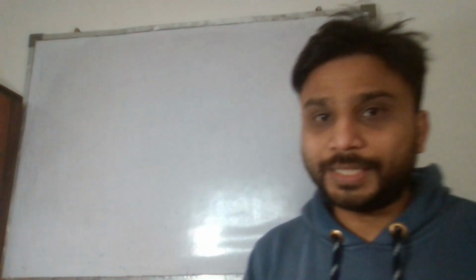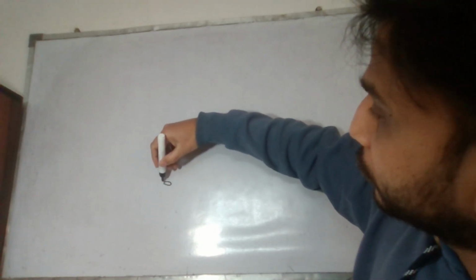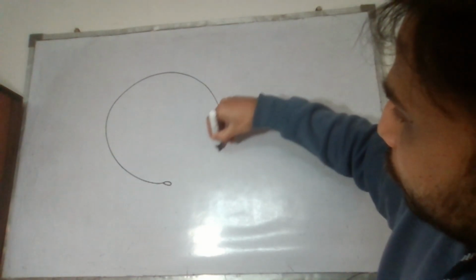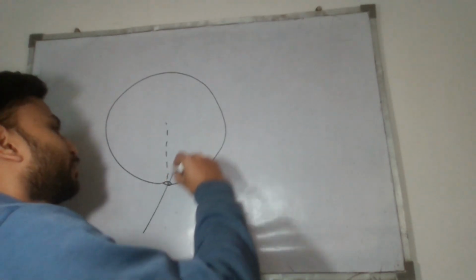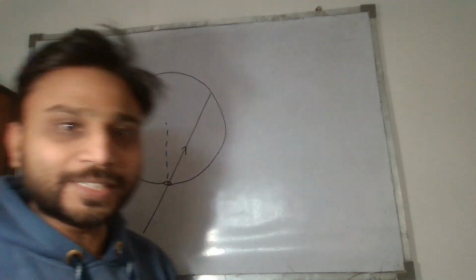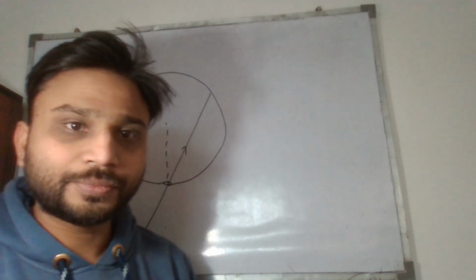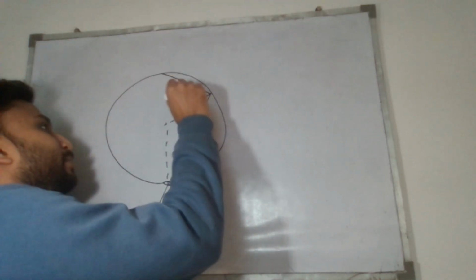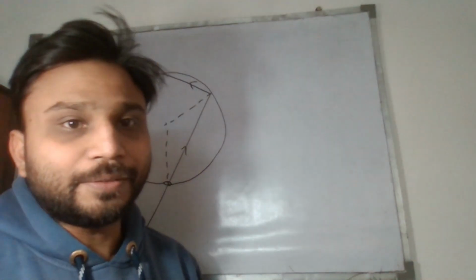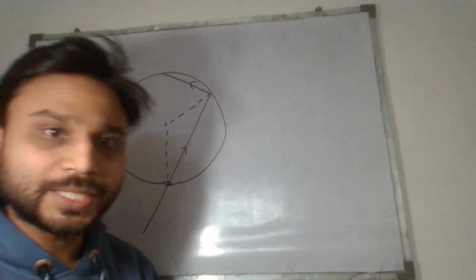The law of reflection says that if we have a sphere like this, if a light enters like this, it will get reflected at the same angle as it was incident with the radius of the circle.